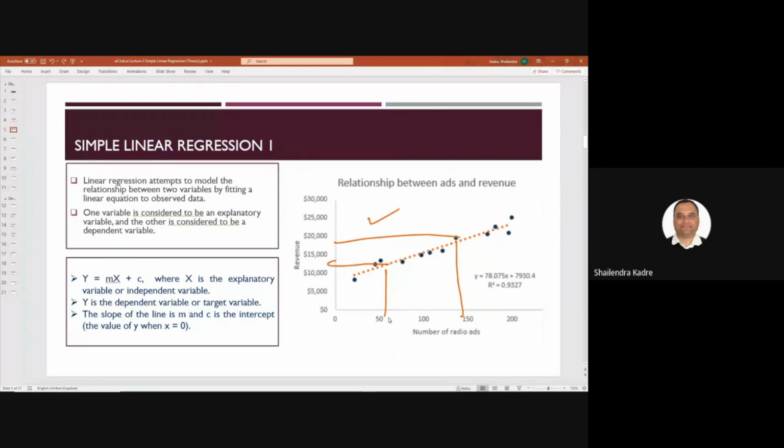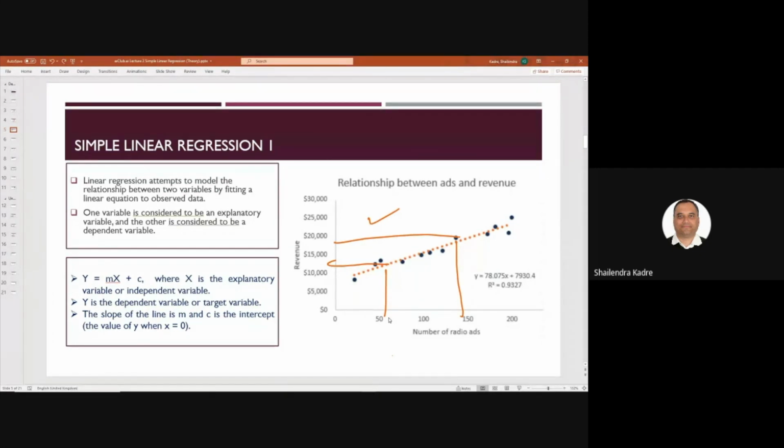Okay, so now we were talking about this graph on the right hand side. It is a simple graph between the number of radio ads and the corresponding revenue. When any company increases its marketing, the corresponding revenue is expected to increase. Radio ads are given for marketing, and as we see, the revenue is increasing.